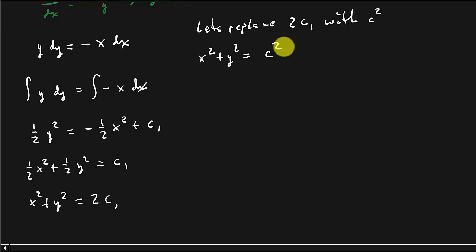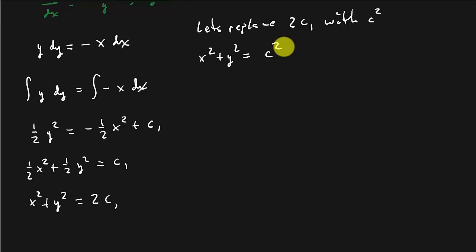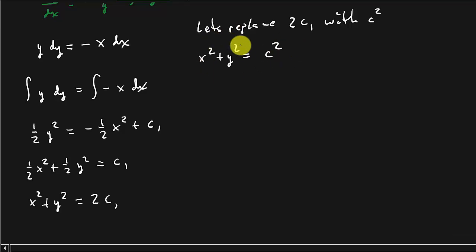Okay. It doesn't matter. We can replace it. It's just an arbitrary constant. This just looks better. This looks more like the equation of a circle when you see x squared plus y squared equals c squared. So we're solving for c squared instead of 2c1.